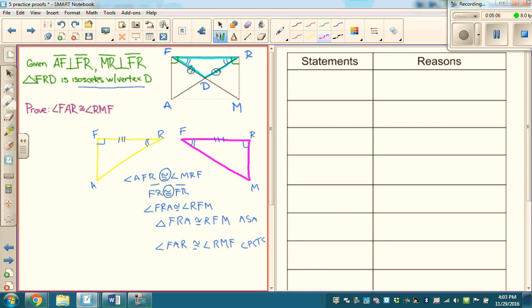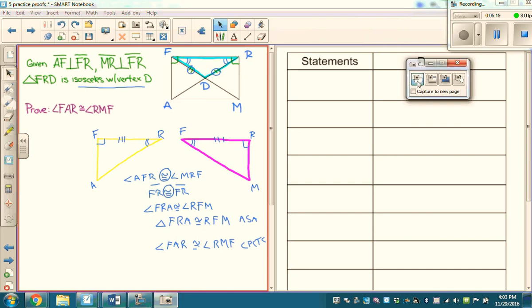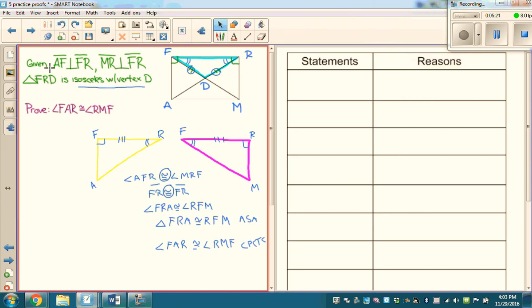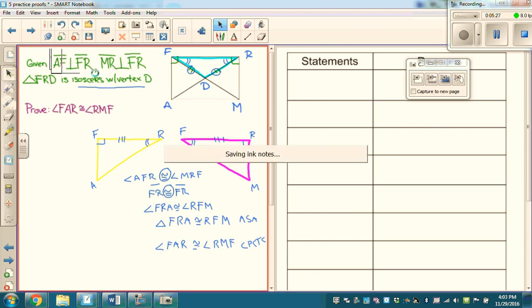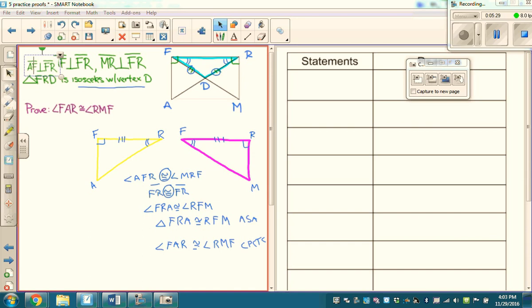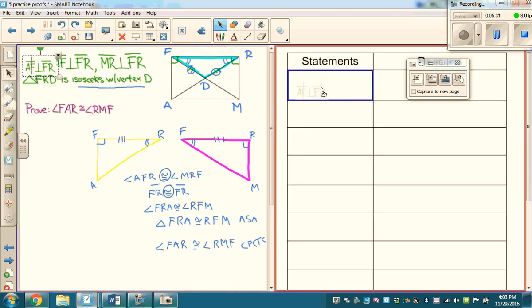So this is how it's going to go. To speed the process up, I'm going to use a little bit of the camera tool here. Whoops. So I'm going to put in some key things here. I know I'm given this. So I'm going to slide that up right in there.